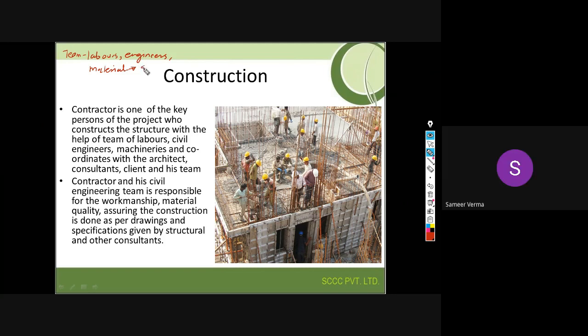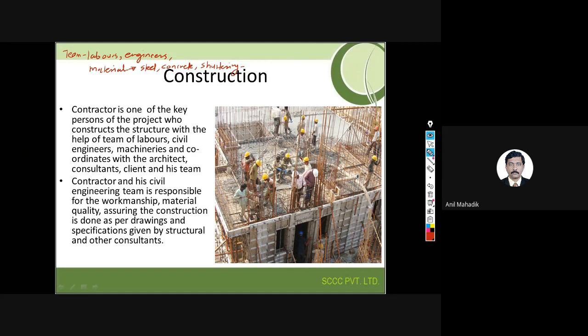Steel reinforcement, then concrete, aggregates. Yes, concrete consists of cement, aggregates, sand. Formwork material, shuttering. We can say shuttering material.